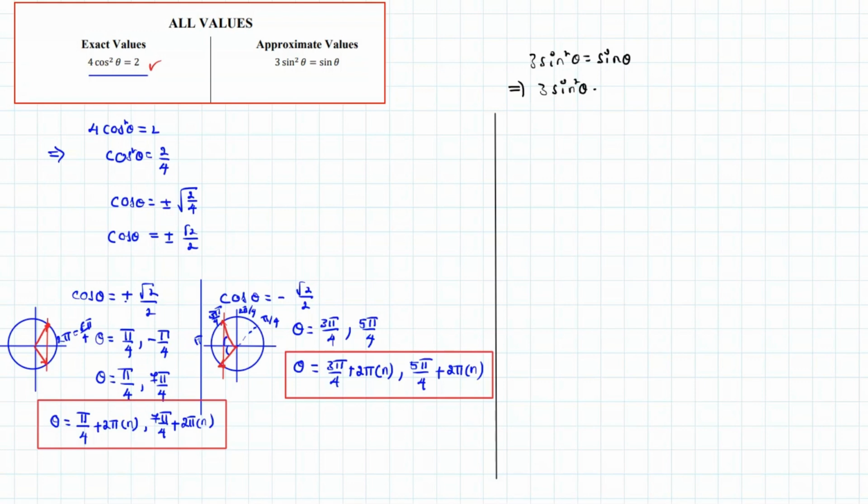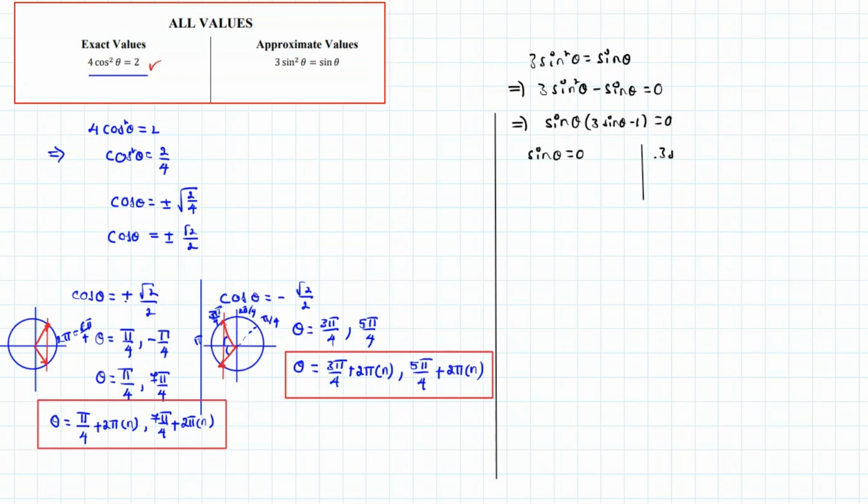So sine theta equal to 0, we have theta equal to, on the unit circle, sine is related to the y-axis, right? So sine is 0 at theta equal to 0 and theta equal to pi. So we have to find all the values, so we have to add the period of this sine function.